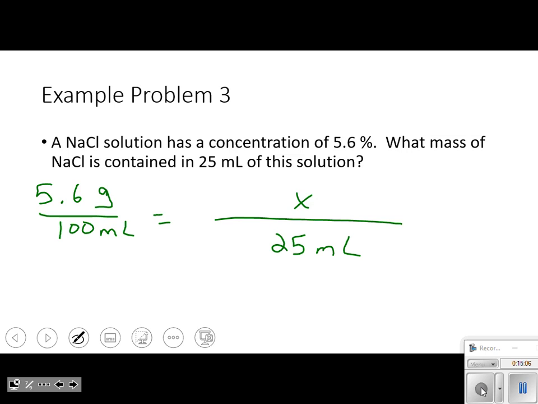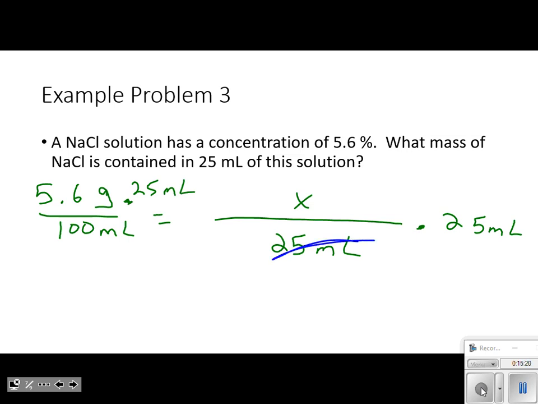Once again, nice and easy. Can I solve for x? I hope so. You know your algebra. I multiply both sides by 25 milliliters. I get that to cancel. So x is going to be equal to 5.6 times 25 milliliters, and divide that by 100, and I get a 1.4.